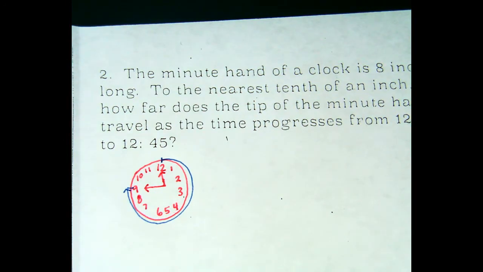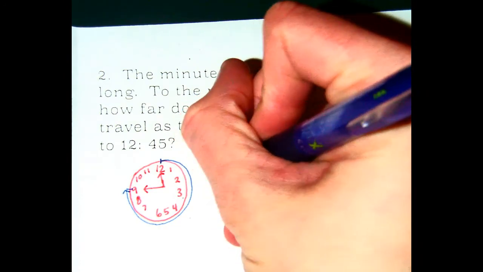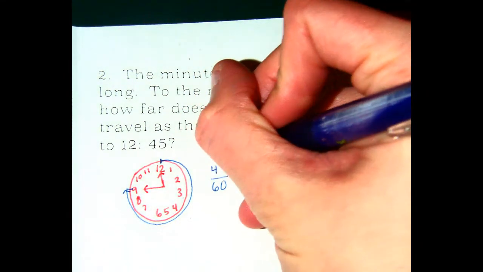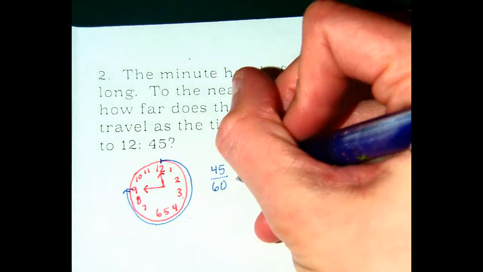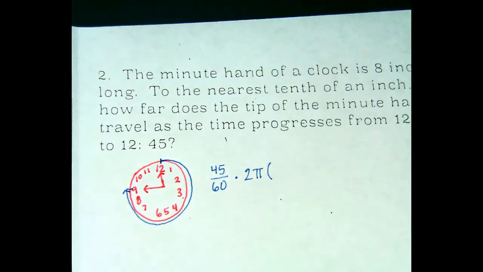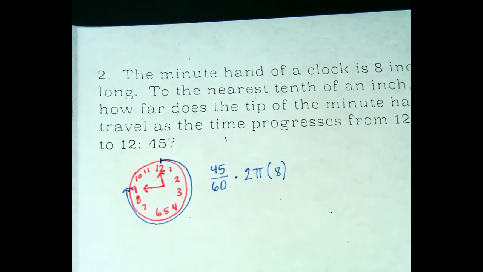So here was the suggestion. Instead of doing whatever over 360, we just need the fraction. How many total minutes are there in an hour? 60. And how many did this travel? Which means you might not even need to draw a clock, times 2 pi times 8. You could also do 270 over 360.